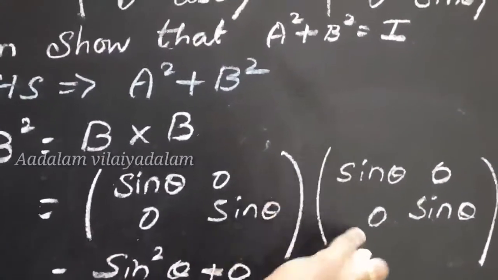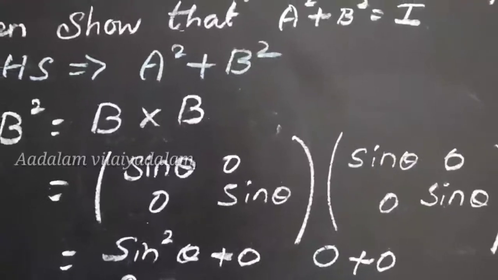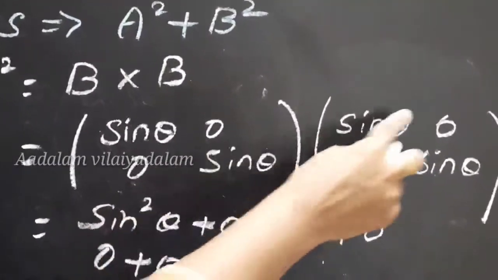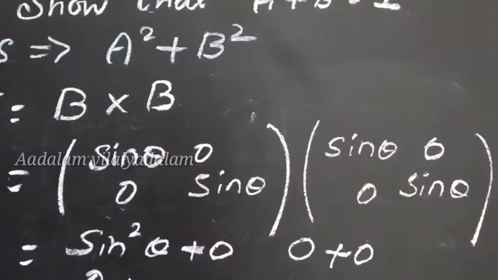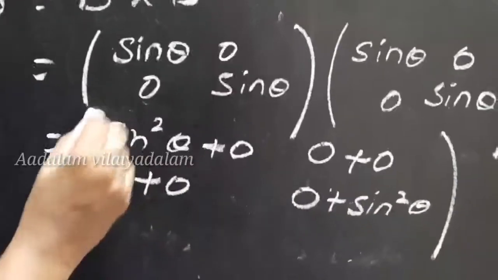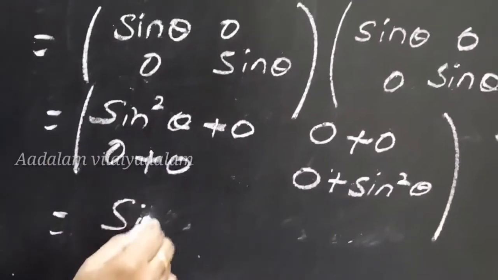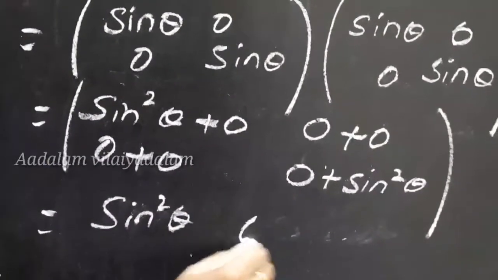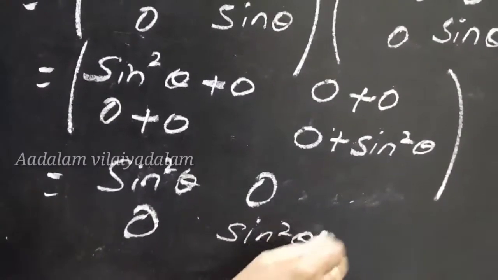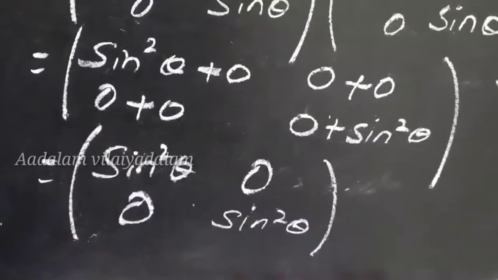The second row, first column, 0 plus 0. The second row, second column, 0 into 0, 0, plus sin theta into sin theta, sin square theta. So sin square theta, 0, 0, sin square theta. So this is the B square value.